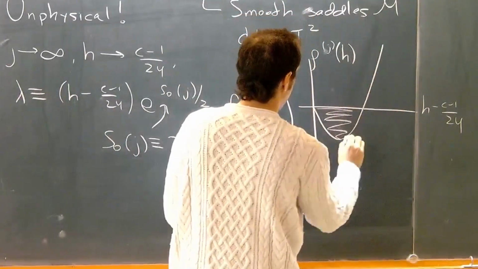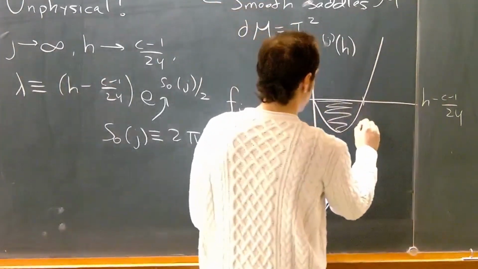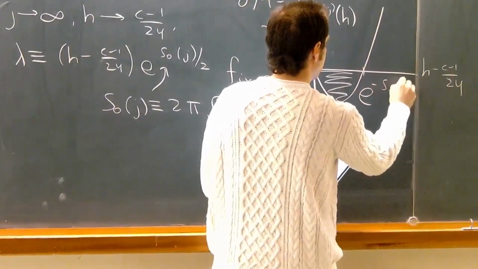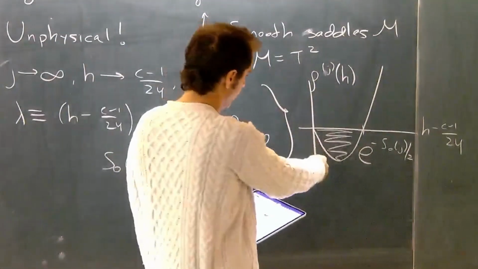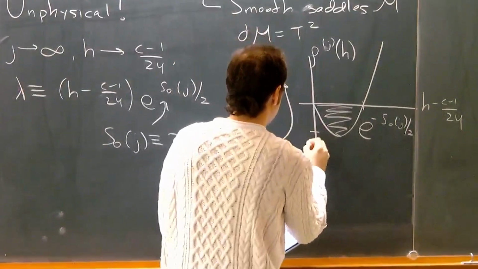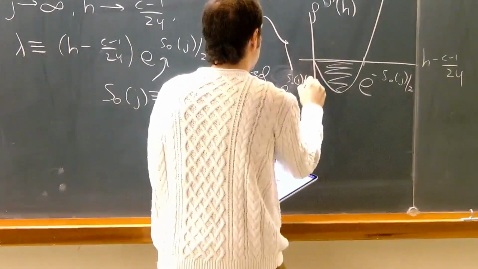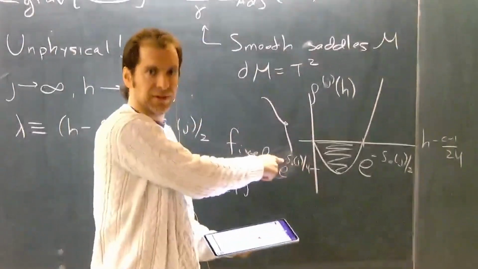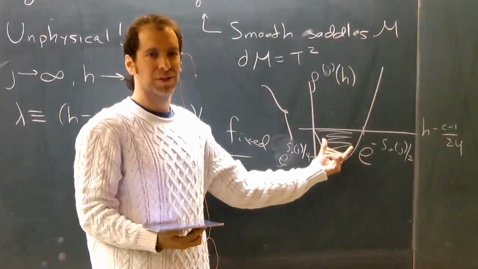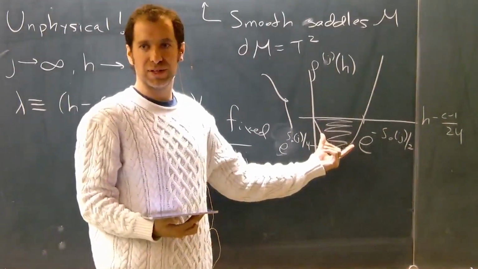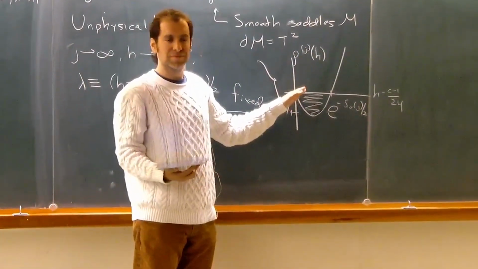And so this is bad. So this guy here, this is exponentially close to the threshold region, but the density is exponentially negative there. So the integrated density, the total number of states which have a negative degeneracy is exponentially large as you integrate over this region, and that's not good.